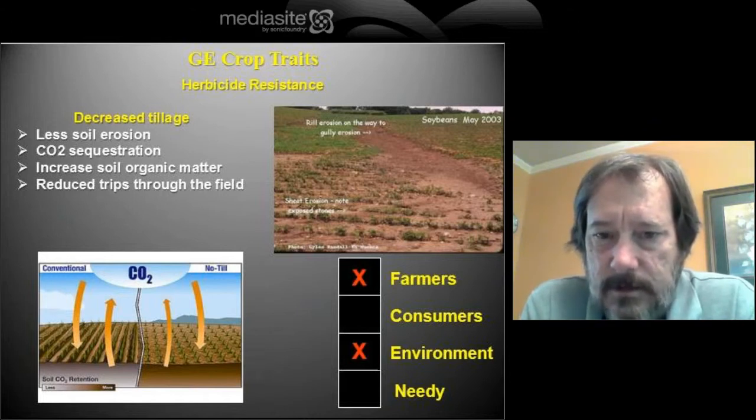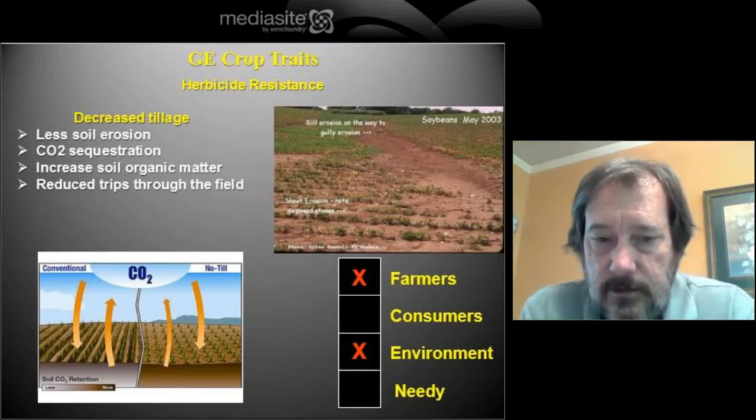And certainly a farmer benefits from reducing his trips through the field and using less fuel, and he benefits by maintaining his topsoil. But that's also a plus for the environment. The environment benefits from less CO2 evolution, less fuel use, and less erosion.